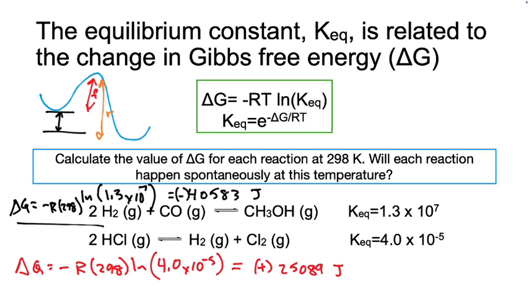Okay, so we've now calculated the delta G. Did we answer the question? No. What was the question? Or all of the question, we should say. Is it spontaneous or not? How do we decide if it's spontaneous or not? The sign. Okay?